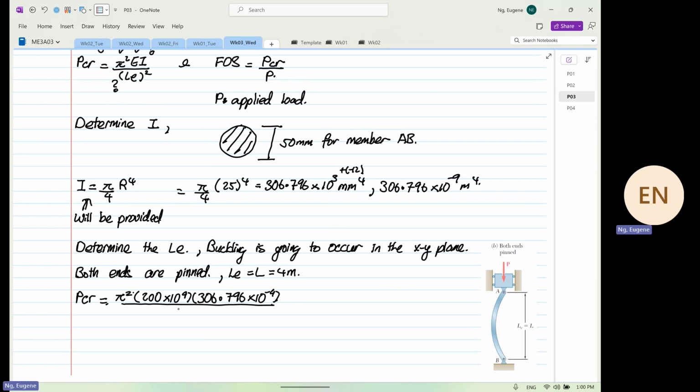So the equivalent length is 4 squared. So this will be equal to 37.849 times 10 to the power 3, and this is in Newton.